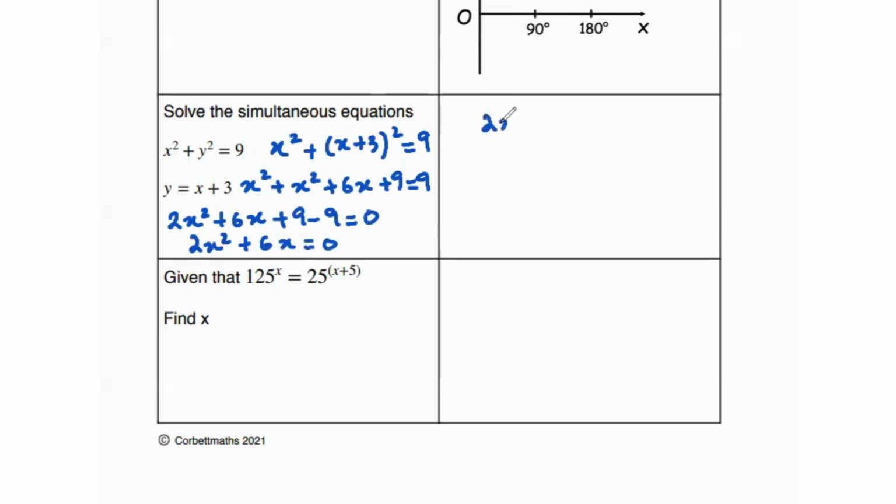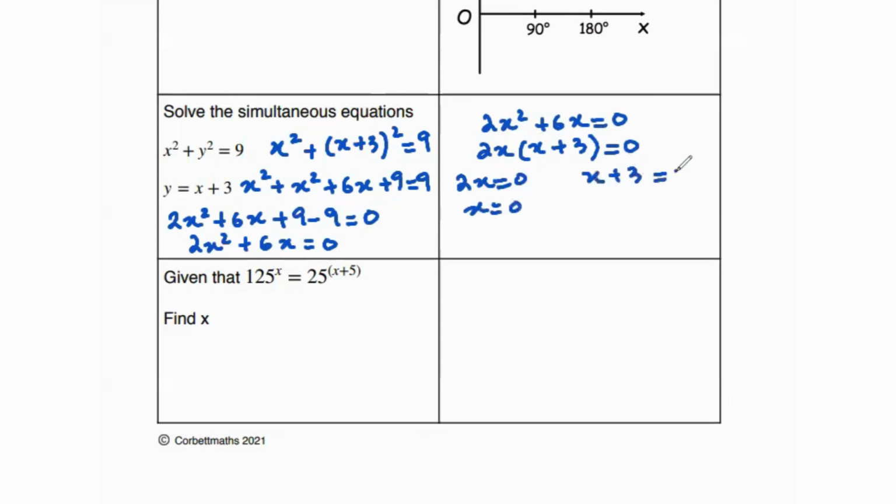Now between 2x squared and 6x, we have 2x common. That's going to be x plus 3 over here. One value of x is 0, and the other value of x is negative 3. Now to find the corresponding y values, we're going to do y equals 0 plus 3 for x equals 0, which is 3.